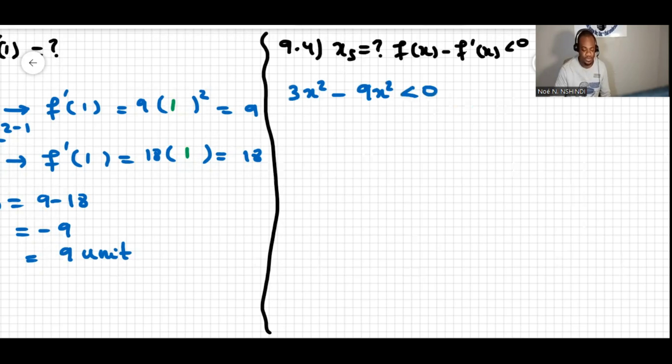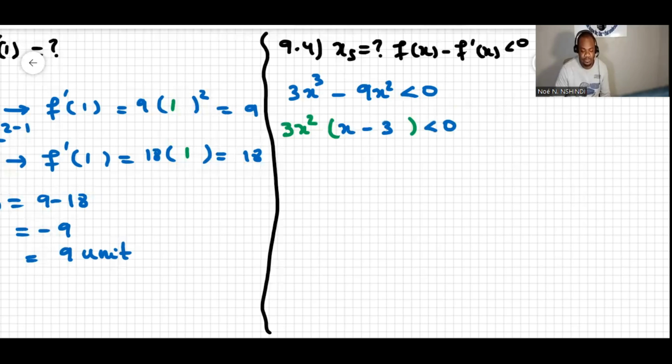I put x squared as a common factor, and then this will be 3x squared times x minus 3 lesser than 0. So now this is possible.